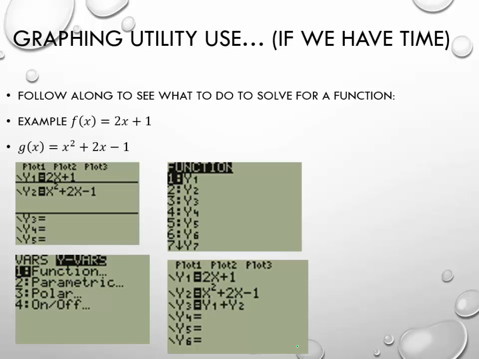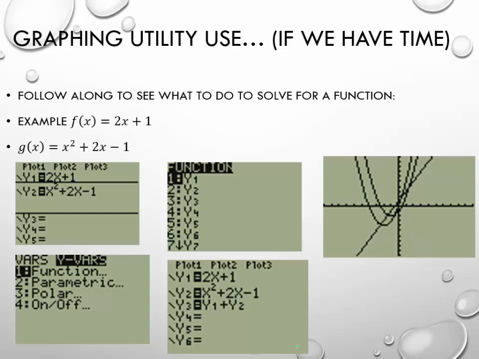And then after you plug them in as Y1 plus Y2, or you could do Y1 divided by Y2, or Y1 times Y2, or Y1 minus Y2, you can graph all three of those functions on a graph. Okay? And you could press zoom standard, will get you to that 10 by 10 window that looks like this.